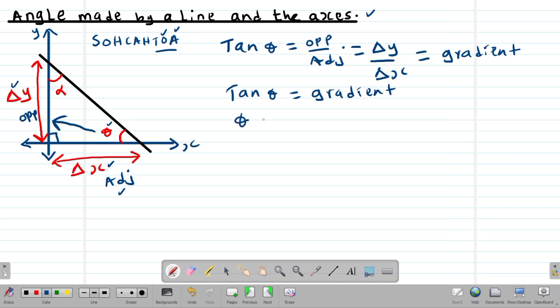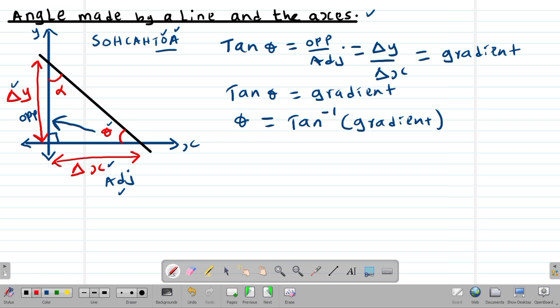Therefore, if you want to get the angle theta, you simply take the tan inverse. You find the tan inverse of the gradient of that particular line. The tan inverse of the gradient will always give you the acute angle made by the line with the x-axis.